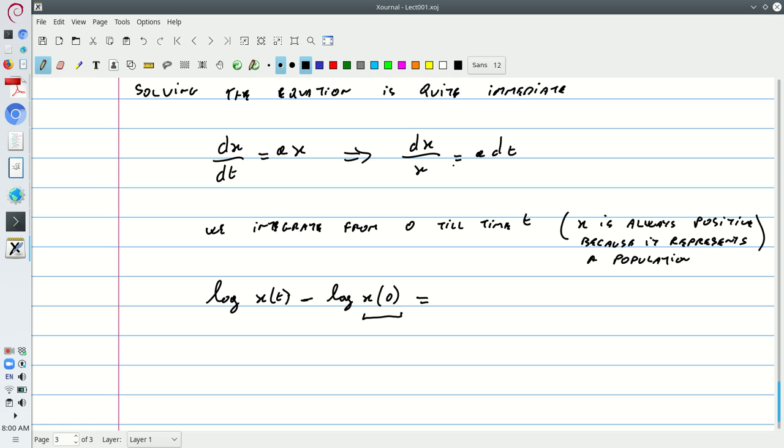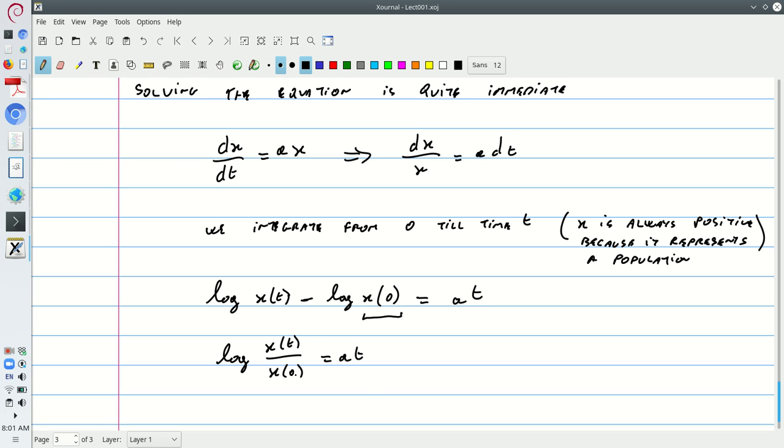So this is the left-hand side, and when a is integrated between t and 0, we simply have a of t. So if we write this better, we can write this as the logarithm of x of t divided by x of 0 equal to at.